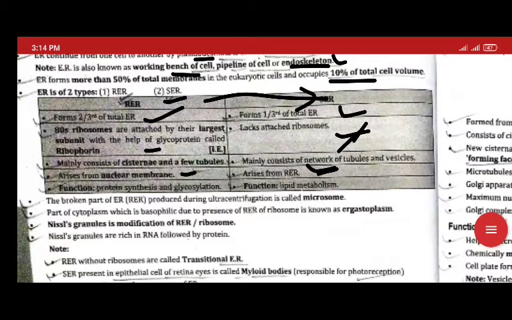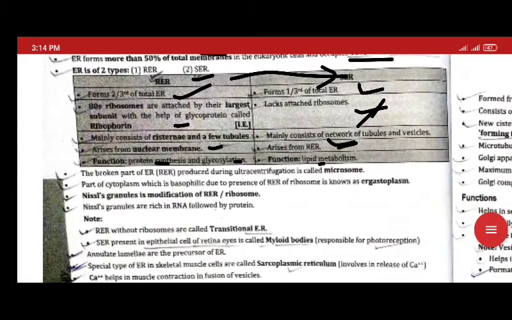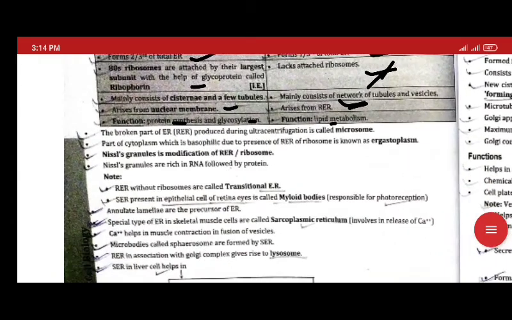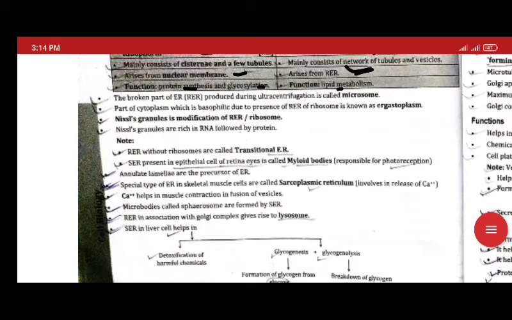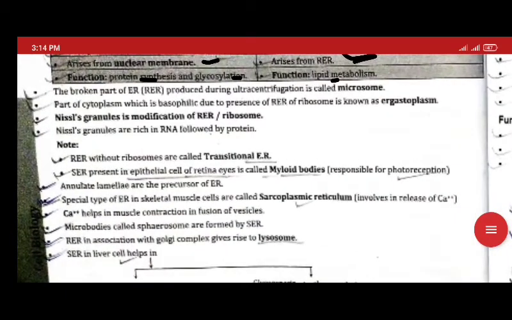The function of RER is protein synthesis and glycosylation, and the function of SER is lipid metabolism. The main function of RER, attached to the nuclear membrane and containing ribosomes, is protein synthesis.